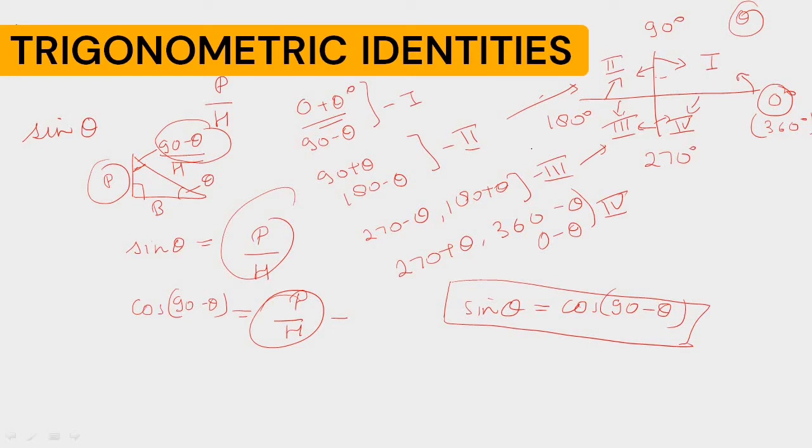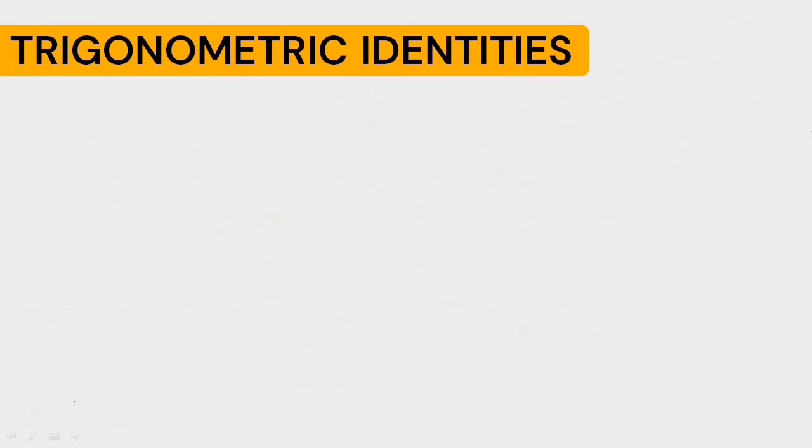What is that? We have studied that in first quadrant all are positive. In second, sine is positive (add sugar to coffee). In third, tan is positive. In fourth, cos is positive. So suppose we talk about second quadrant and we write here sine 90 plus theta.